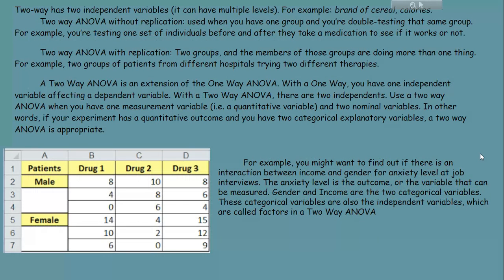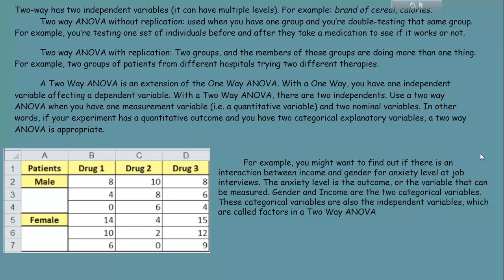A two-way has two independent variables. So obviously, as in the one-way ANOVA had one independent variable, we're looking at two independent variables, and it can have multiple levels. For example, the brand of cereal and calories. Very standard kind of explanation for that. A two-way ANOVA without replication is used when you have one group and you're double testing that same group.